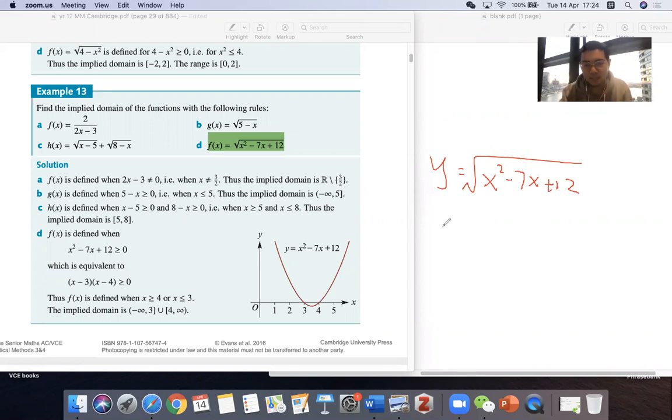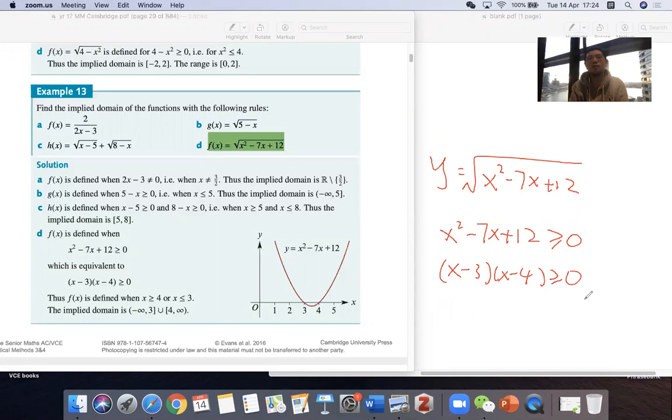With our understanding, we know under the square root, every number must be greater than or equal to 0. So x squared minus 7x plus 12 must be greater than or equal to 0. Let's use the cross product method: x minus 3 and x minus 4 greater than or equal to 0.